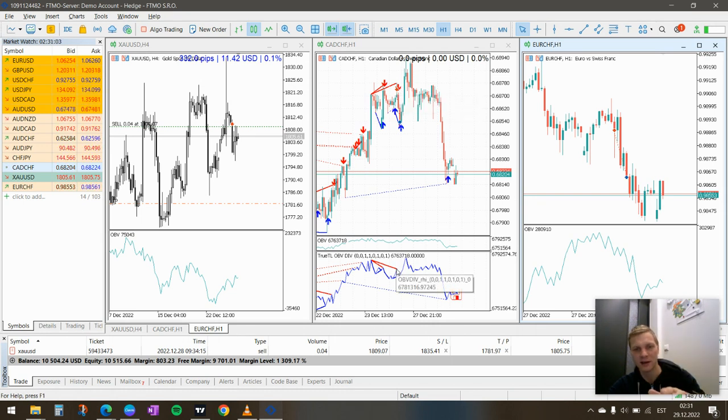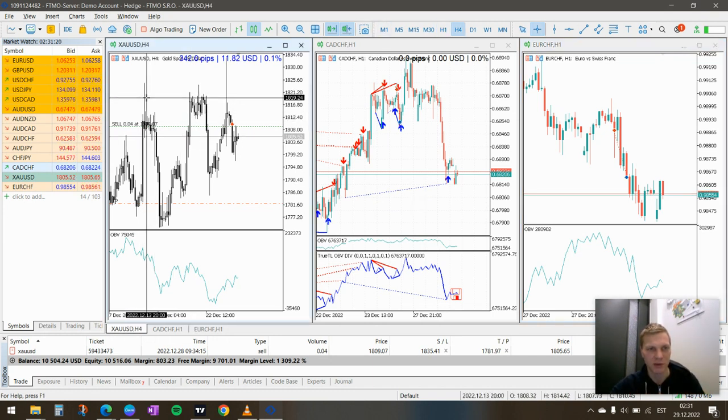exact highs and lows of the candle wicks. They don't need to match up exactly, in my experience, in my opinion, because there have been trades where this is happening, right? Price is forming higher highs, here price is forming lower lows.